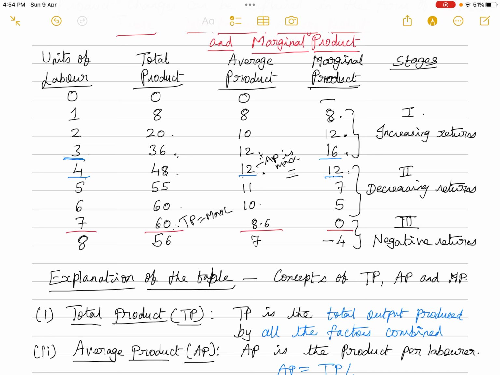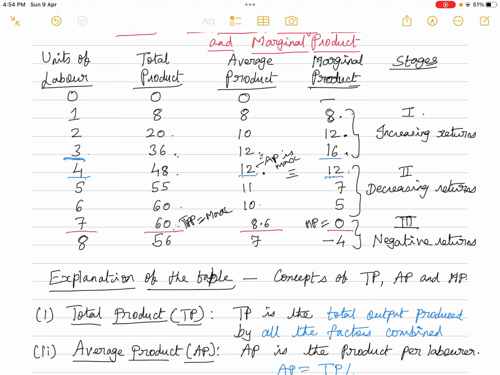So that is when the total product is maximum. So here total product is maximum, and the marginal product becomes 0.